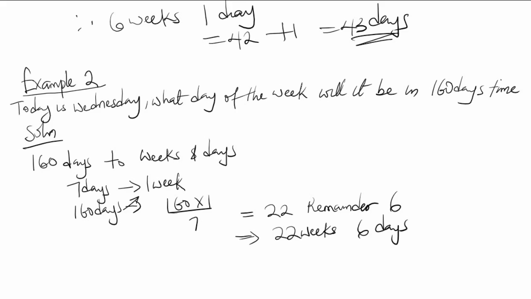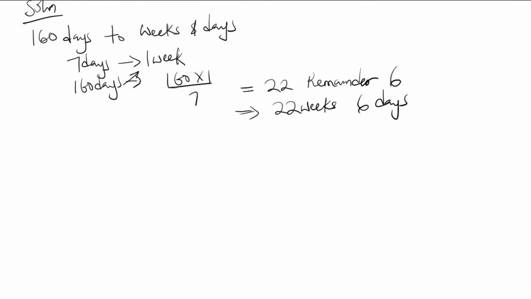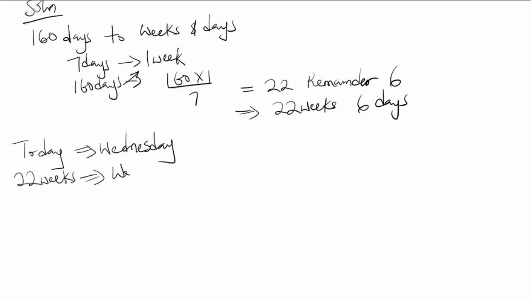So how do we then determine what day of the week it will be if today is Wednesday? Very simple. If today is Wednesday, then in 22 weeks, it will be Wednesday too.